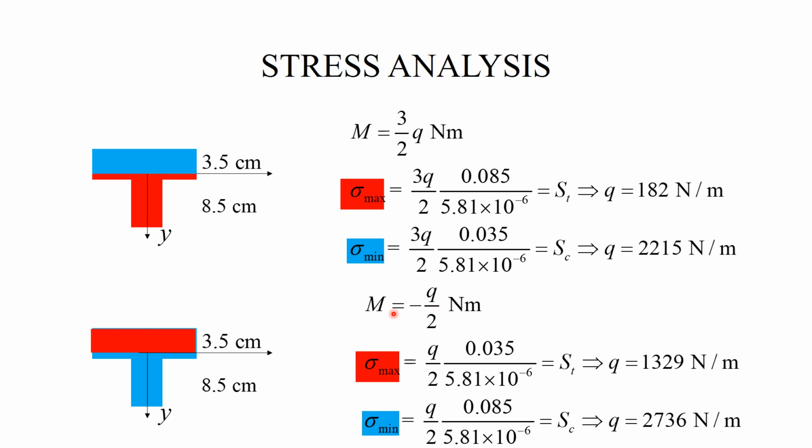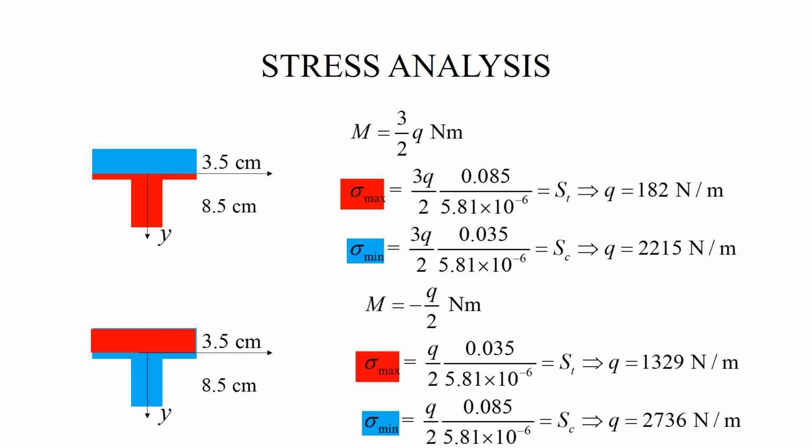In this case, the top is in tension, the bottom is in compression, and I repeat the calculations using 0.035 again for the red zone and 0.085 for the blue zone, and I compare them to the maximum allowable stress in tension, maximum allowable stress in compression, and now I have four numbers, four values of Q.